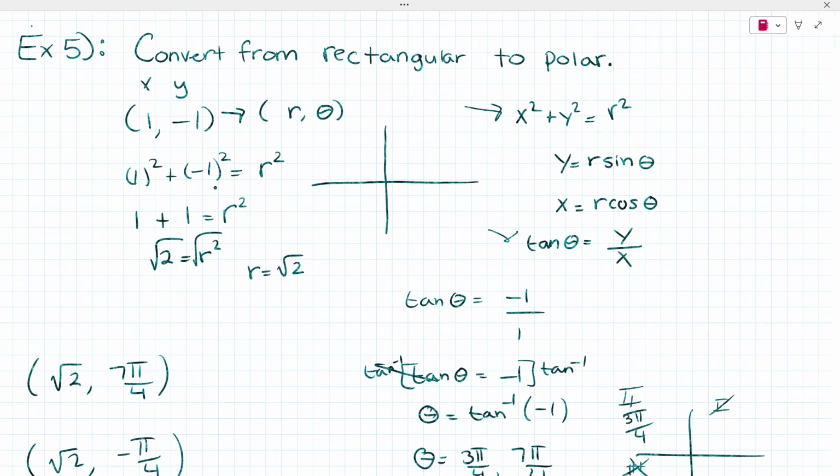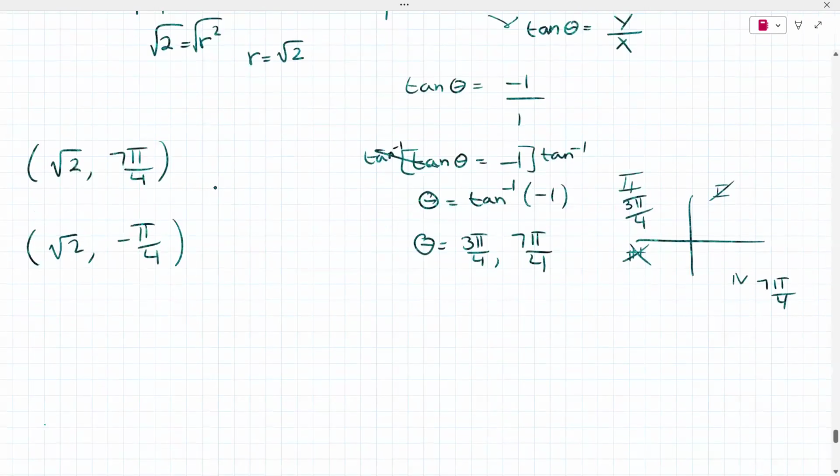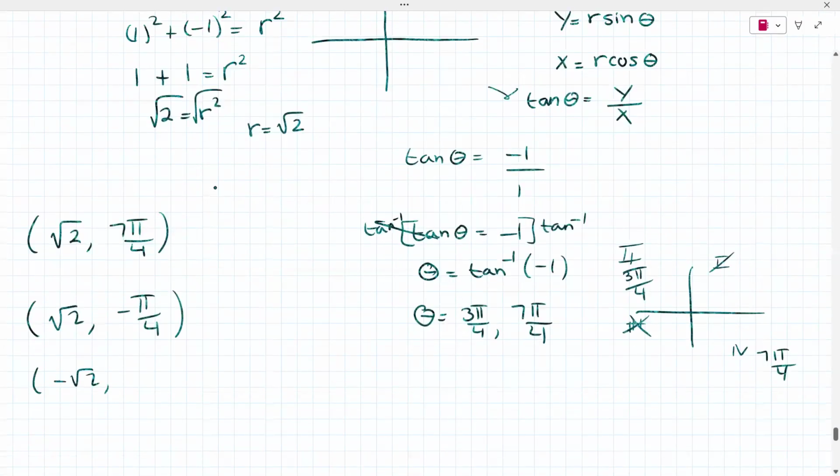So another way you can rewrite this is, you can change your radius to a negative radical 2. And we have to figure out, radical 2 is about 1.4. So here's one ring, 1.4, and then we can go 3 pi over 4.